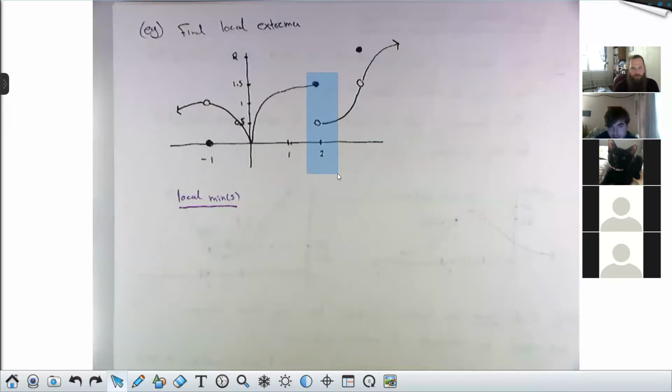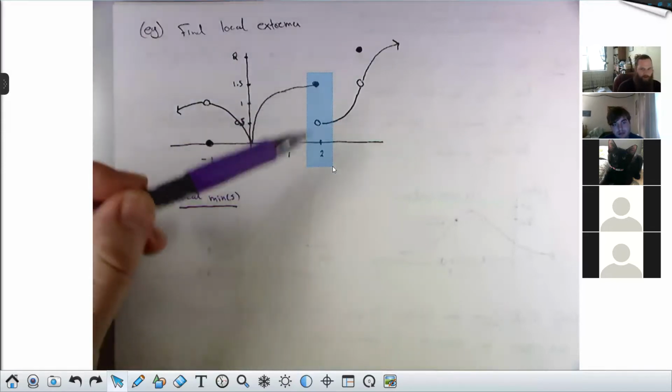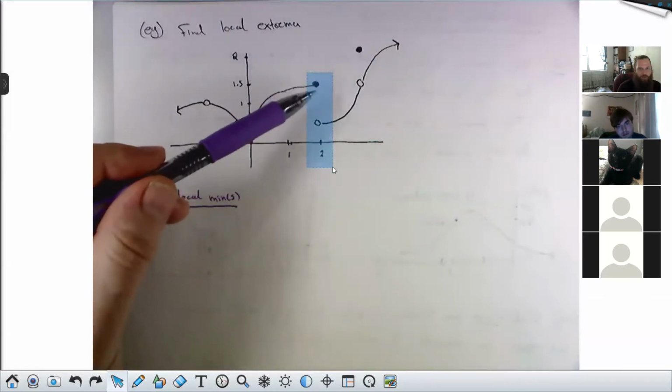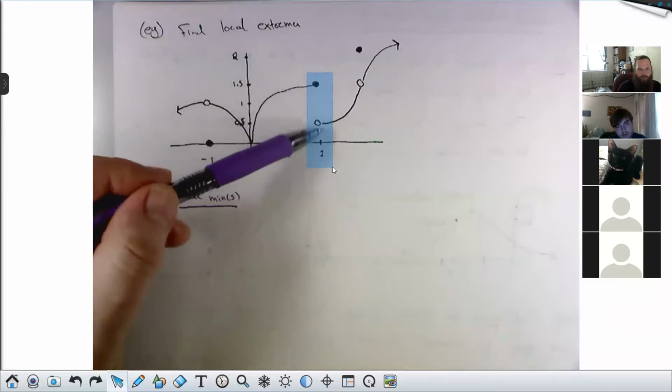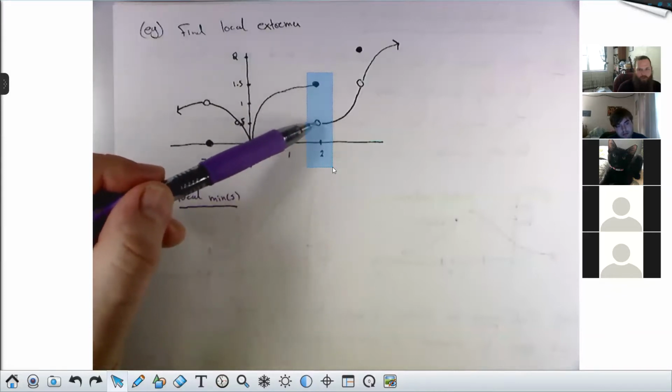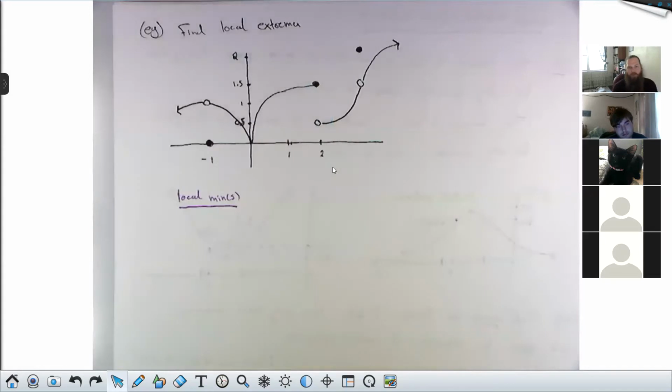So while there is something going on at 2, it's not a min. All right, if I draw a little window around the graph there, the actual point at 2 is up here, and this is not the lowest point anywhere in that window, right? Because there's stuff down here. If this were filled in, then that would be a local min.